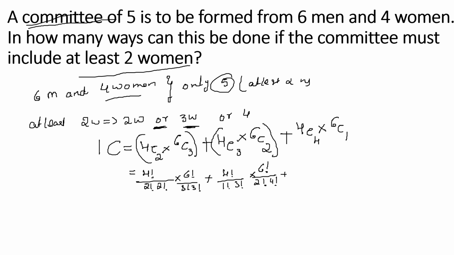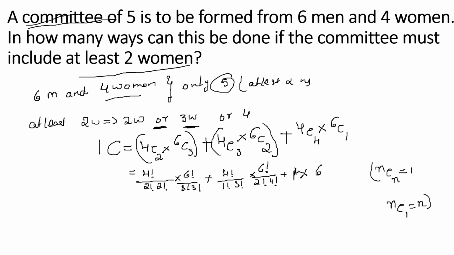Yeah, 4C4 is always 1, because if there are n objects and you have to select all n objects, NCN is 1, and from n objects if you have to select only one object, NC1 is n. So here 4C4 will be 1 and 6C1 will be 6.